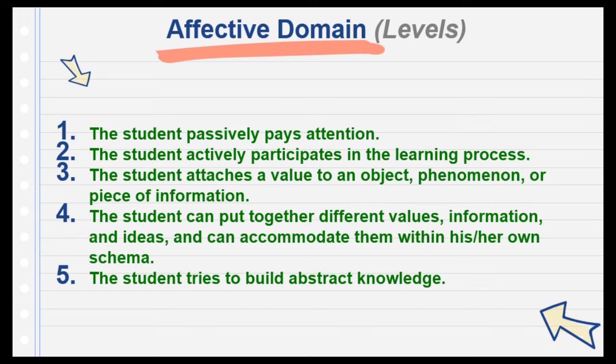The student can put together different values, information, and ideas and can accommodate them within his own schema. The student is comparing, relating, and elaborating on what has been learned. The student at this level tries to build abstract knowledge.